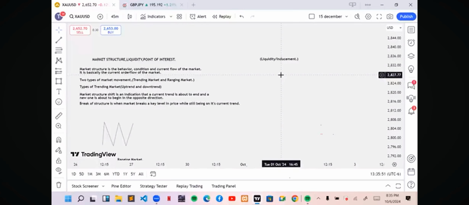Now, what is my liquidity? It is my inducement. An inducement is the first valid pullback that price makes after a break of structure or a market structure shift.